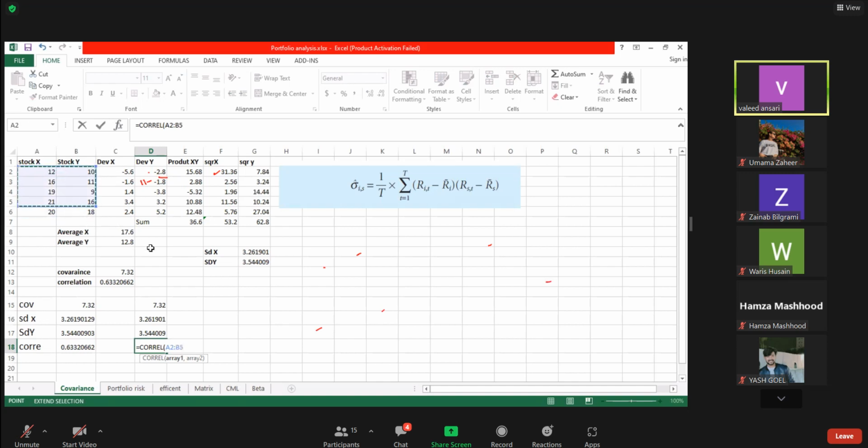I'm sorry, this is a mistake. The first array, comma, and then we go to this array, close the bracket and hit enter. You get this correlation.